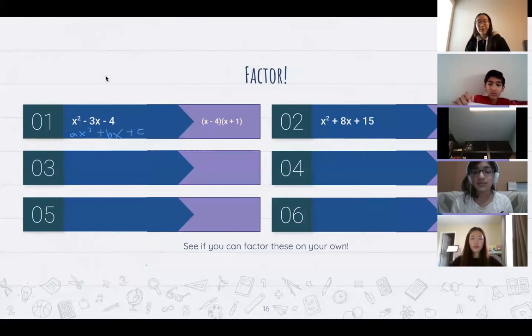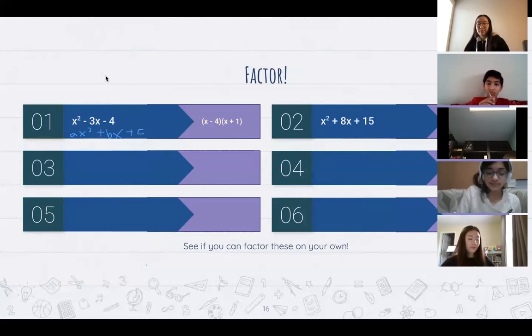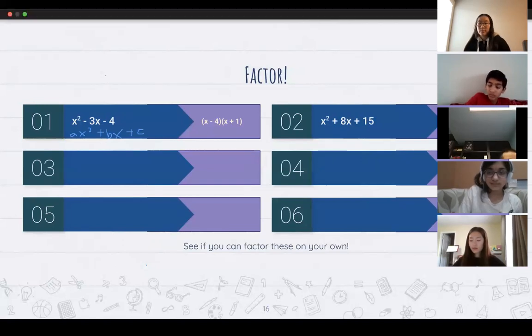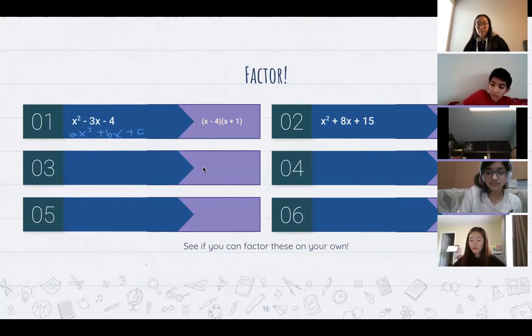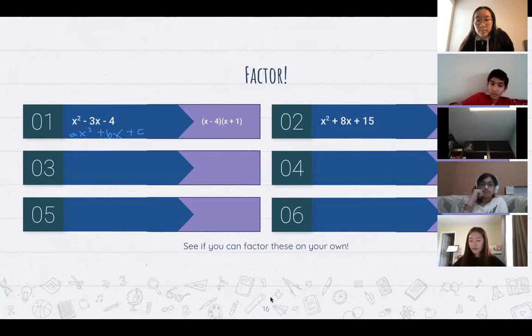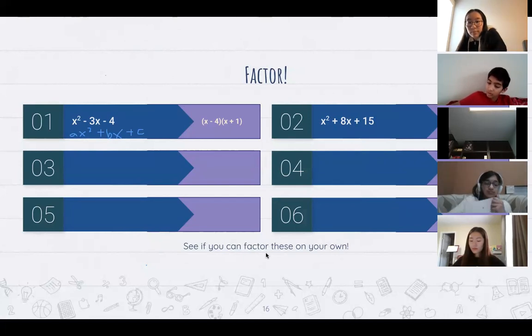First you multiply A times C, and then you get an answer, and you find the factors of that answer that add up to B. How do you find the factors to add up to B?